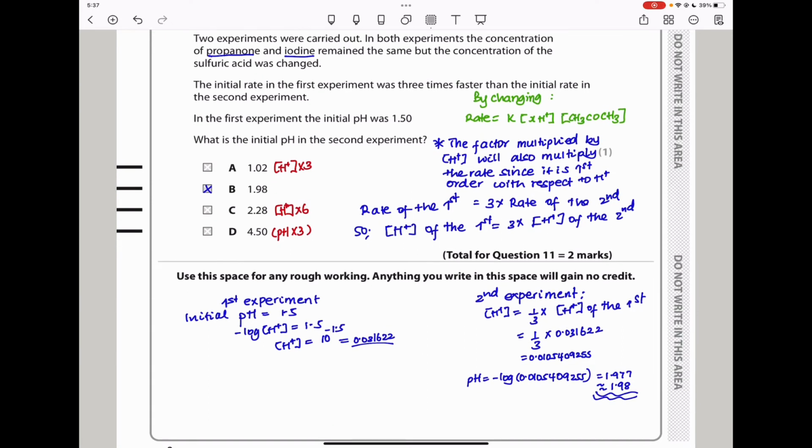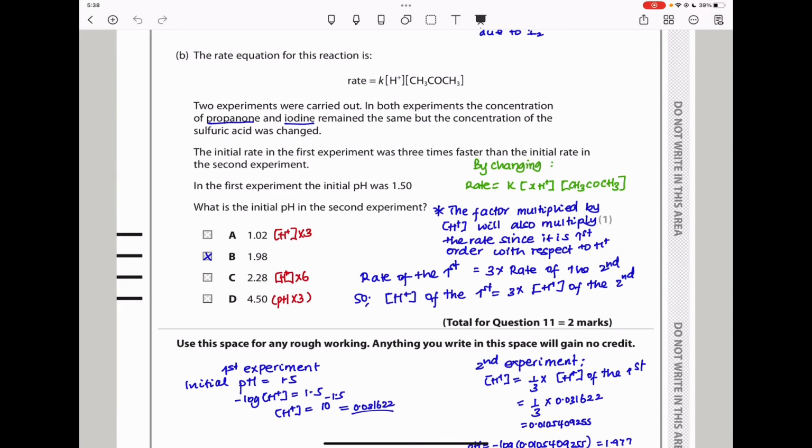So finally, when we go down here, we can see pH will be the negative log of that concentration, which ends up being 1.98. So the right answer is going to be this. To get the other answer, they must have multiplied the concentration of hydrogen ions by 3. This is by 6, and that's the pH by 3. So the only possible answer is B. Please, I would prefer that you follow my working clearly, because it's easy to understand.